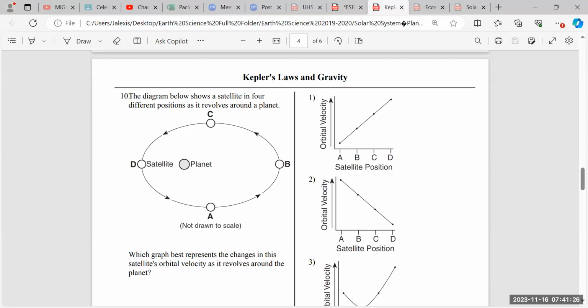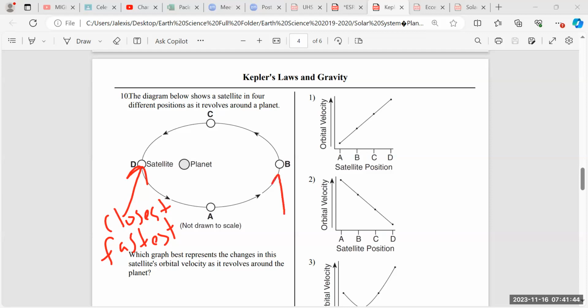So I already know at location D, it's the closest to whatever it's orbiting, in this case, the planet. Because it's the closest, it travels the fastest. What letter will it travel the slowest? Letter B, because it's the farthest from the planet. So that means it will be the slowest.